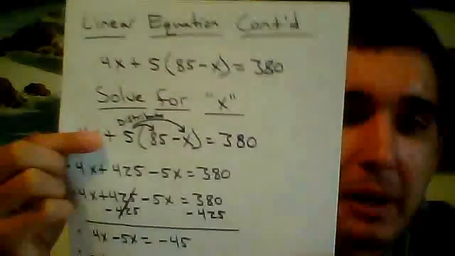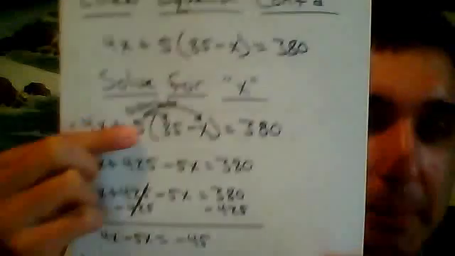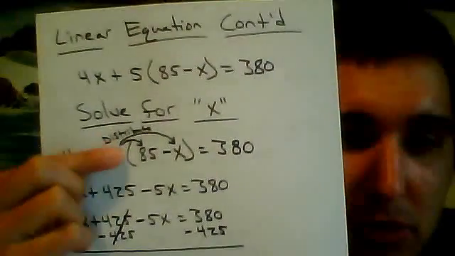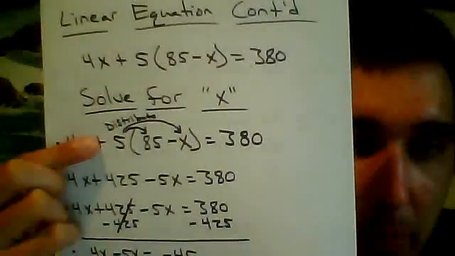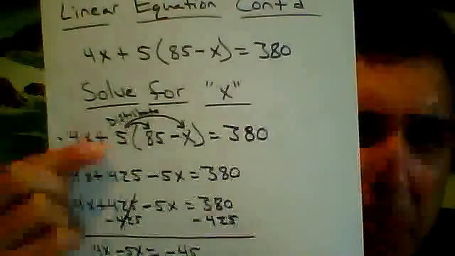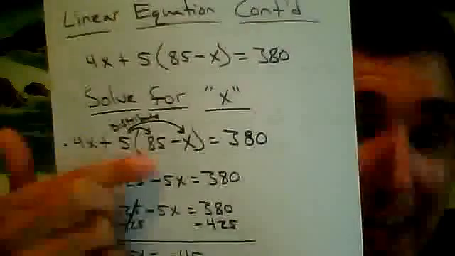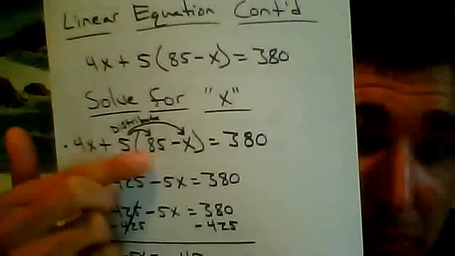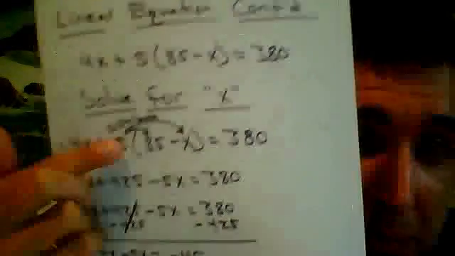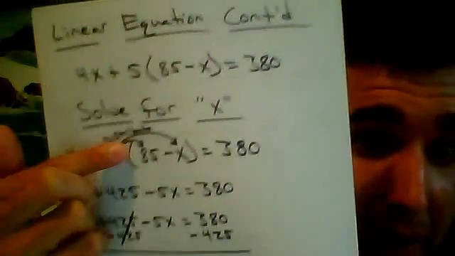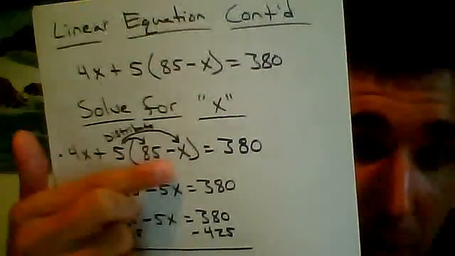Now to solve for x, let's start off by using the distributive property right here. And so we're going to do 4x plus 5 times 85. So 5 times 85, we're also going to distribute this 5 to the negative x as well.